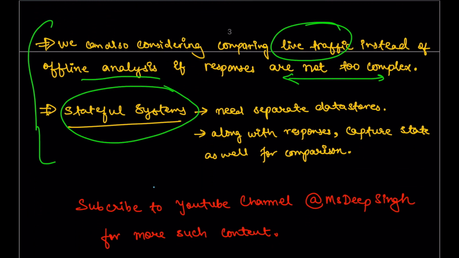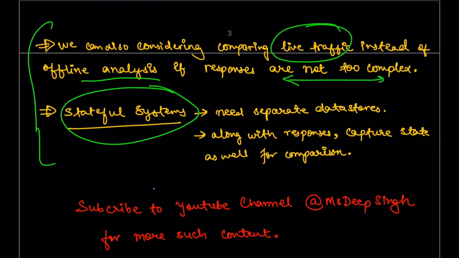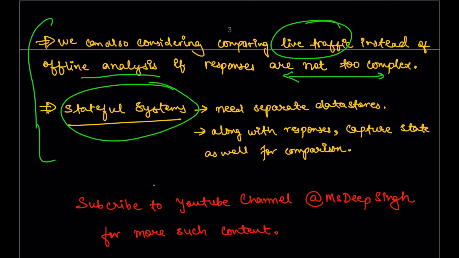In case of stateful systems, the three approaches which we discussed here are applicable to stateless systems, as the API behavior does not change on subsequent calls. But in a stateful system, where the API calls, if repeated, involve some kind of state management, you will need separate data stores that are in sync.